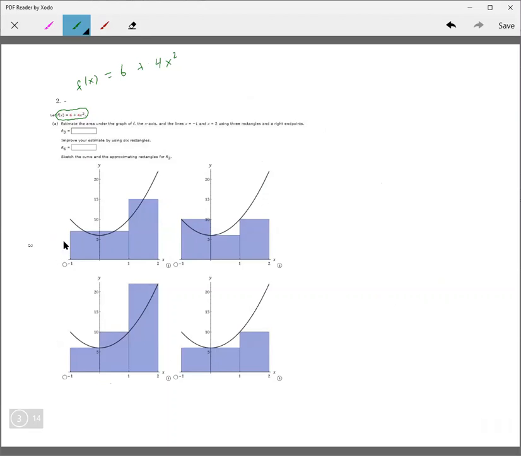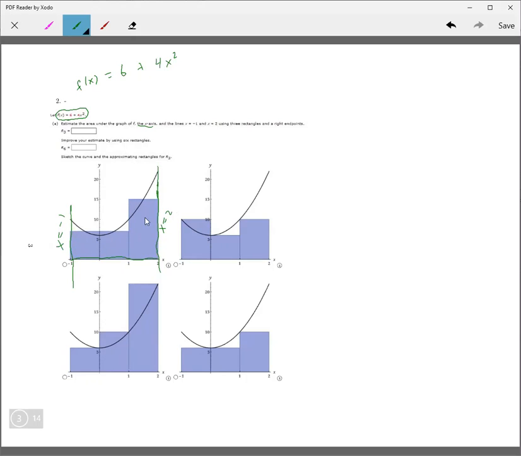So this line right here is x equals -1, and this line here is x equals 2. So they're specifying the boundaries. You have the x-axis, the curve, and the lines, so everything under the curve. So they're looking for this area here.